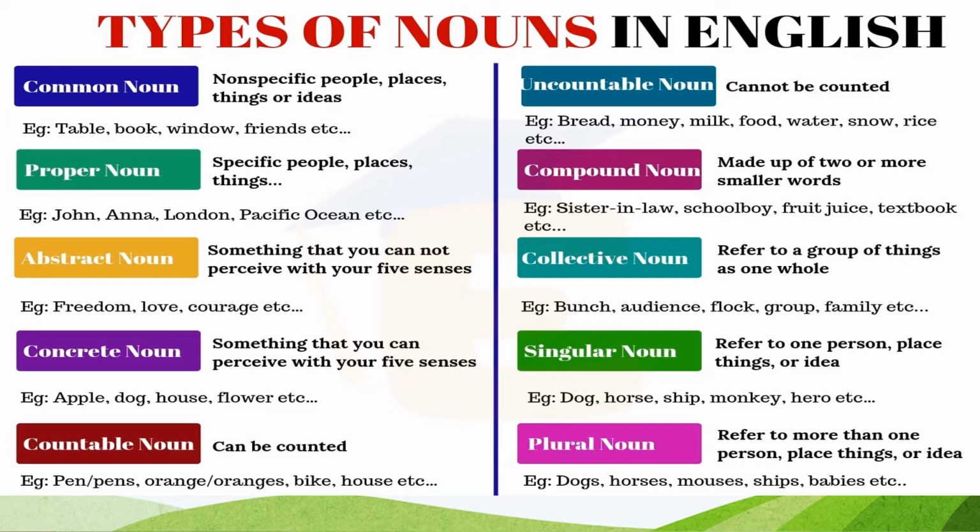And we can study abstract nouns versus concrete nouns. Also, we can study countable nouns versus uncountable nouns. And we can study also singular noun versus plural noun. And finally, we have compound nouns and collective nouns.